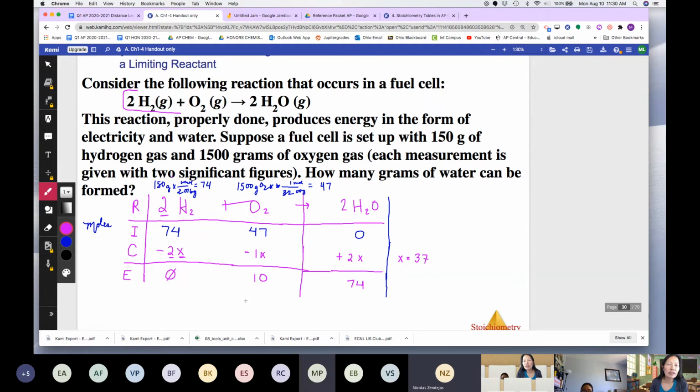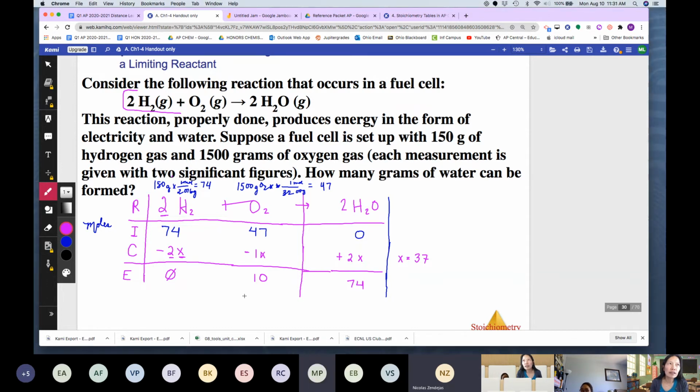I'm worried that every time there's always going to be that limiting reactant and that excess reactant. I know it was really easy to just divide 74 by 2 and get the exact number of 0. But what if there's not really a limiting or excess reactant? Will there always be one of those? One of them will always run out. Okay, yeah, that makes sense.